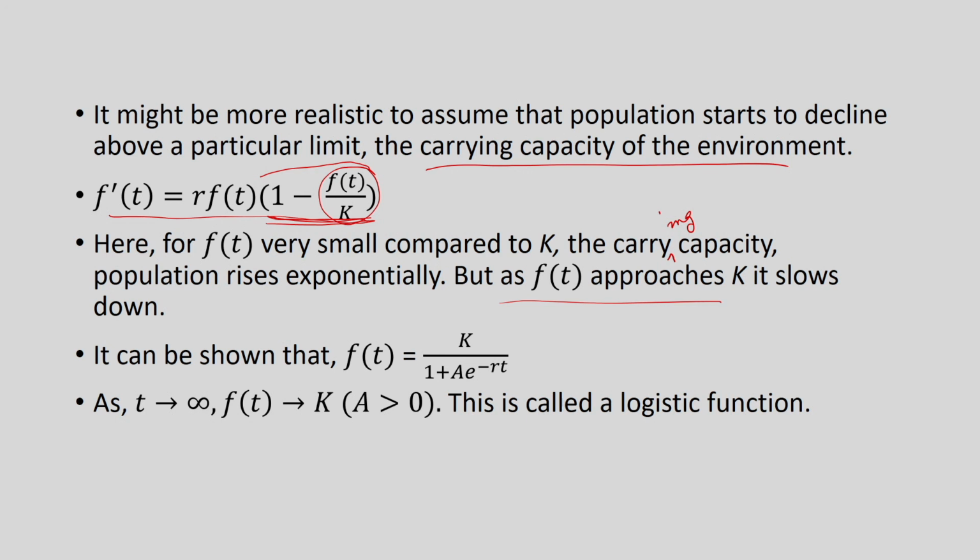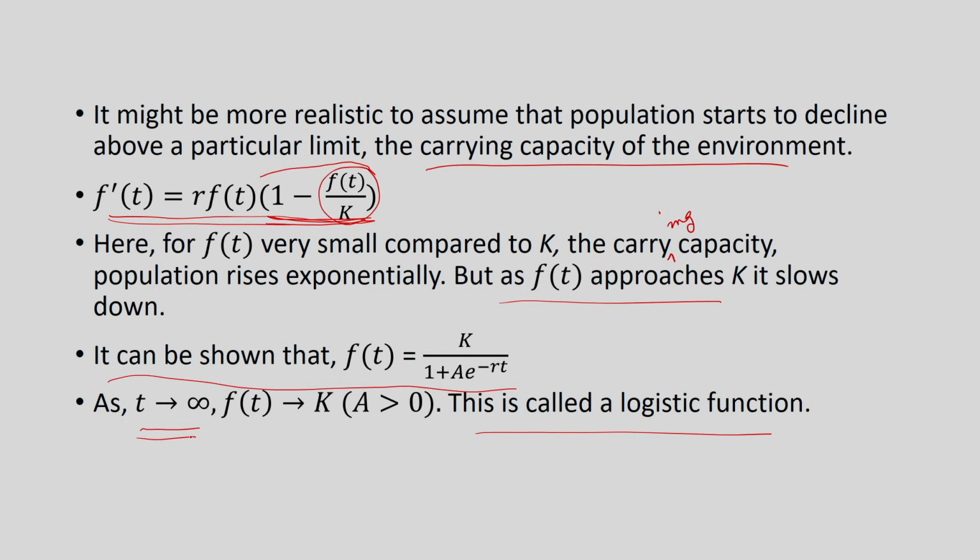Okay. It can be shown that if I start from this particular form, I can go to this particular form: f(t) is equal to capital K divided by 1 plus A e to the power minus r t. Now, this is called a logistic function, and suppose you take t approaching infinity.